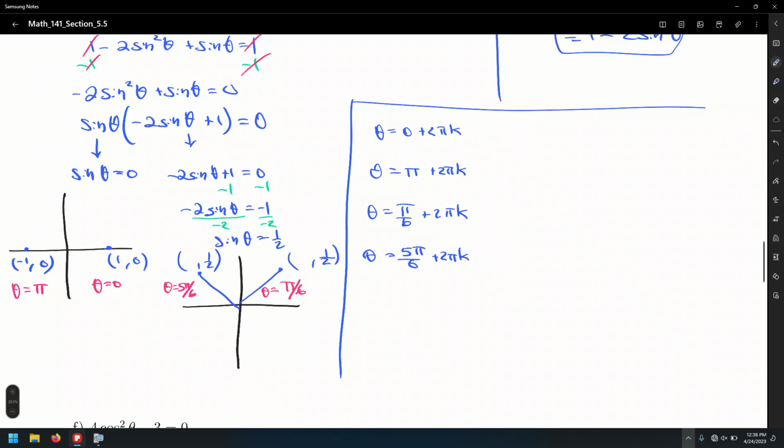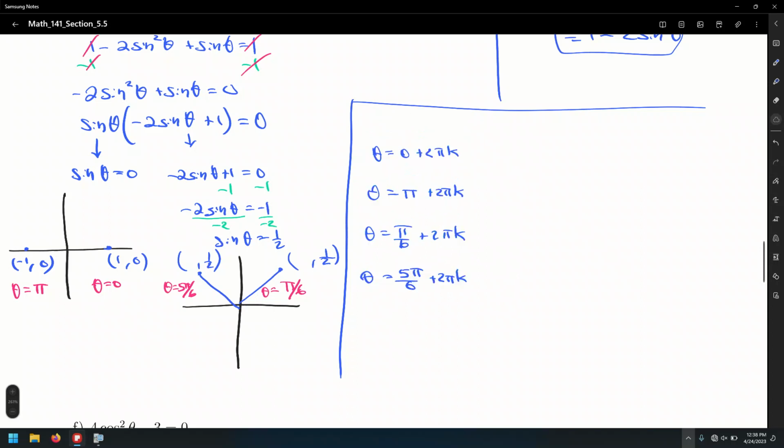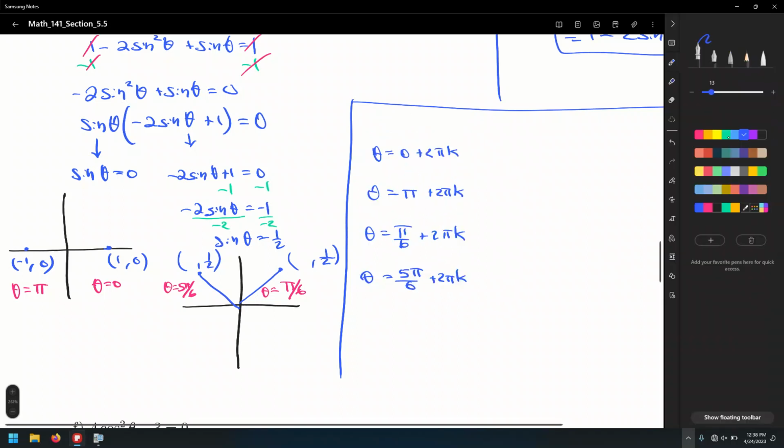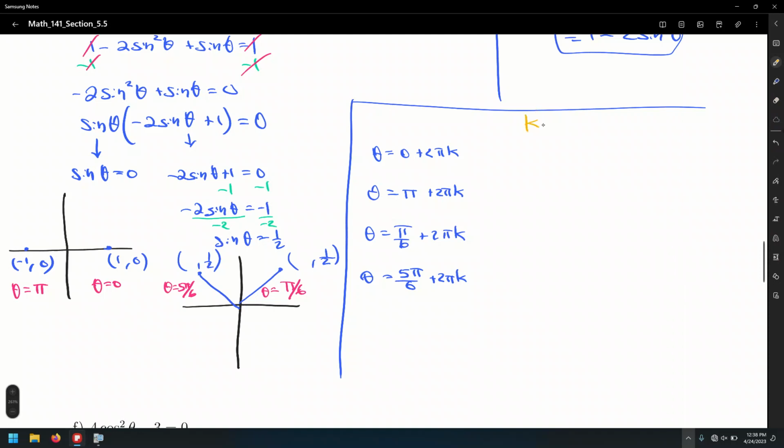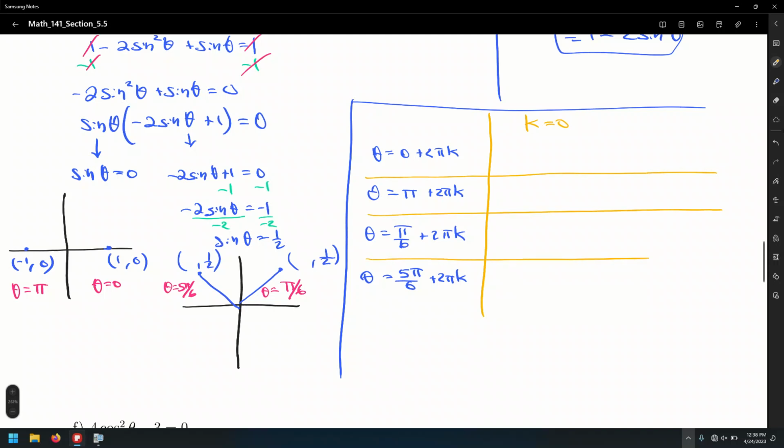All right? So let's compute some values of k until we reach the maximum of 2 pi. Let me call this the column for k equals 0. And this time I'm just going to do the calculations up in the air. I'm not going to plug in the values.